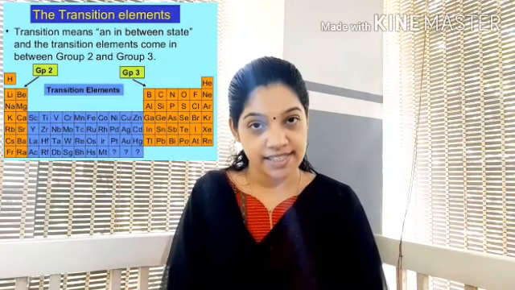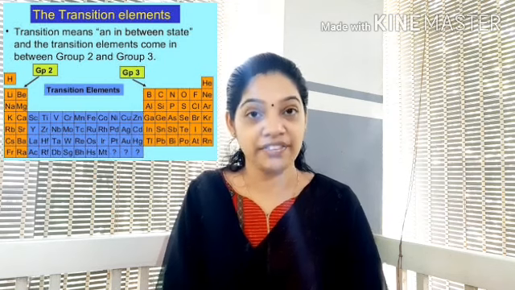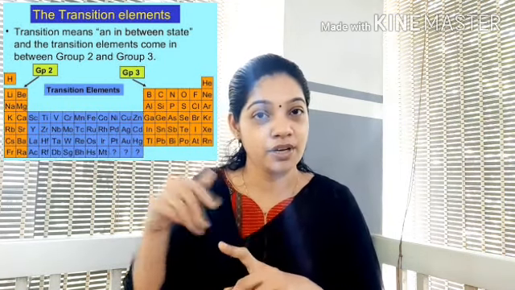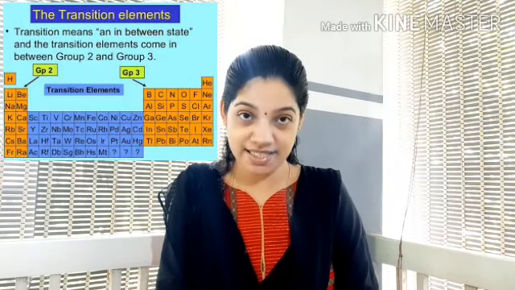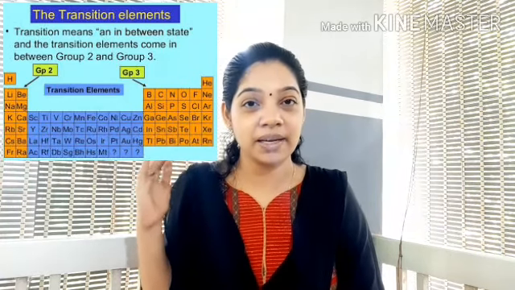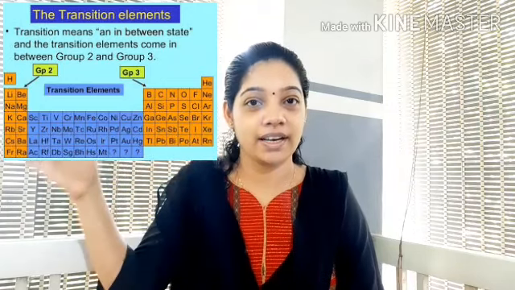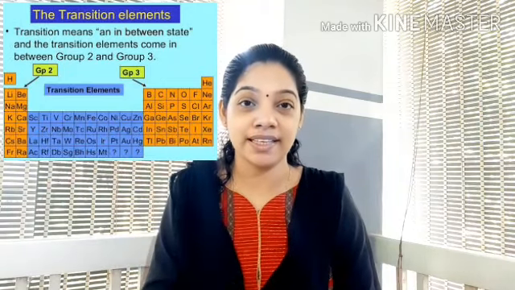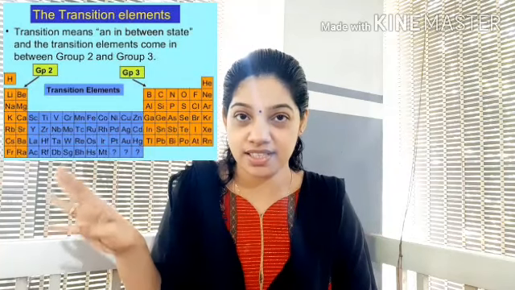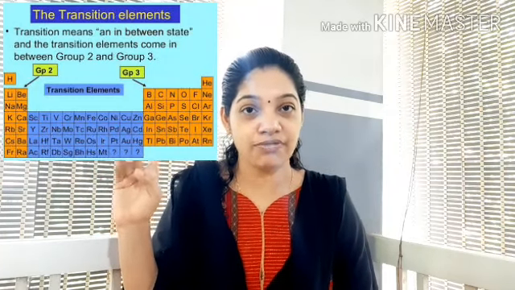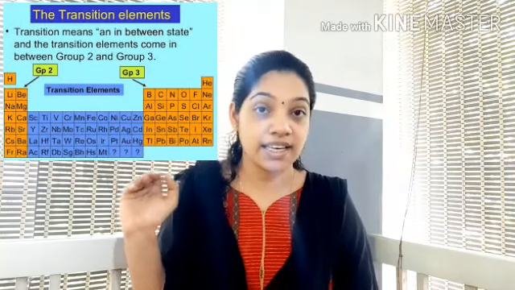Then the third transition series, or the 5d series, has the elements lanthanum, hafnium to mercury. Then we have the fourth transition series, or the 6d series. It starts from actinium, but that series is not yet completed. It is incomplete. So these are the 4 transition series: 3d series, 4d series, 5d series, and 6d series.